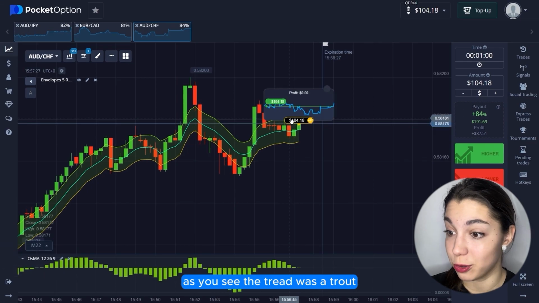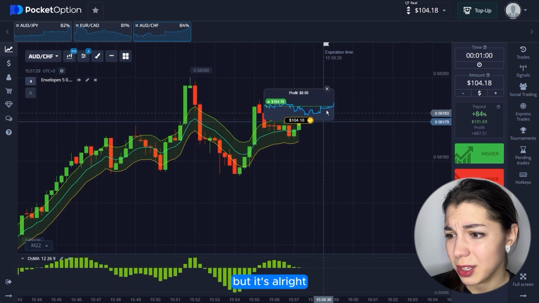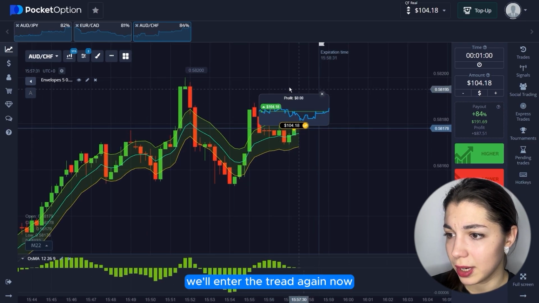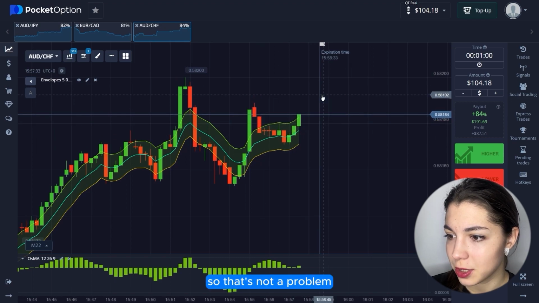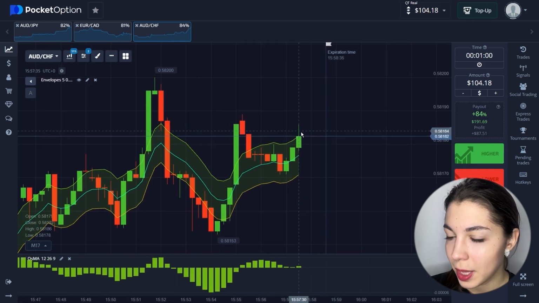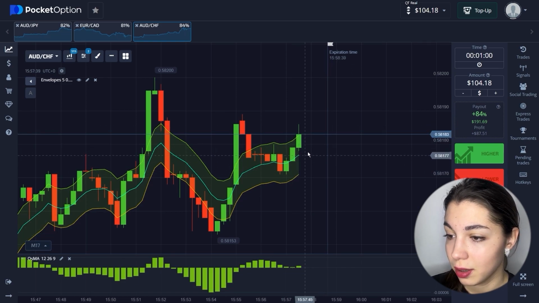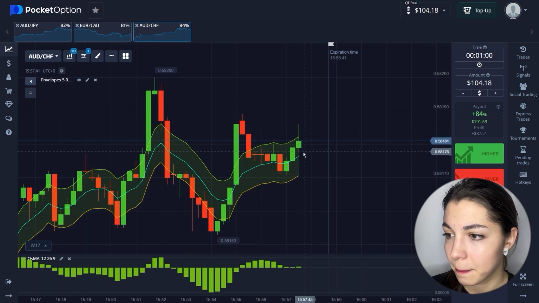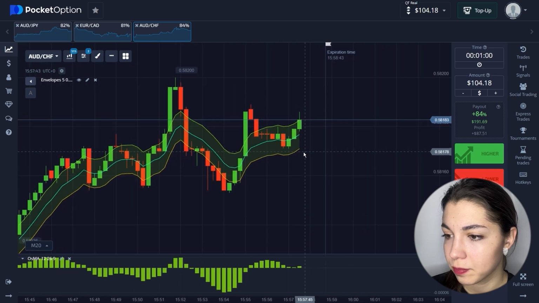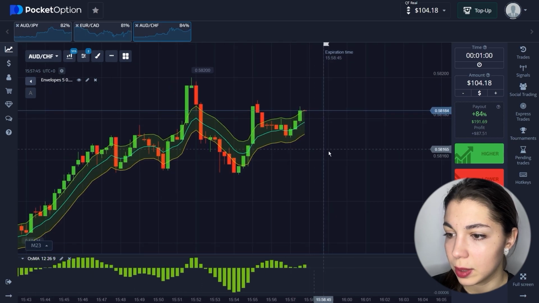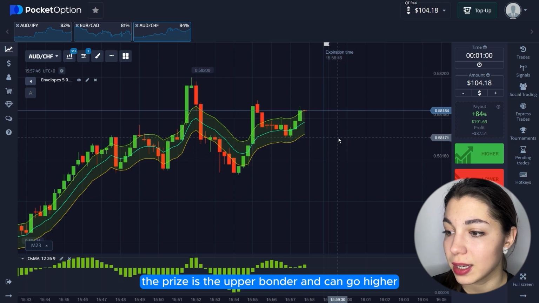As you see, the trade was a draw. But it's alright, we'll enter the trade again now. So that's not a problem. The price has gone above the upper boundary and has already bounced back. The price is at the upper boundary and can go higher.